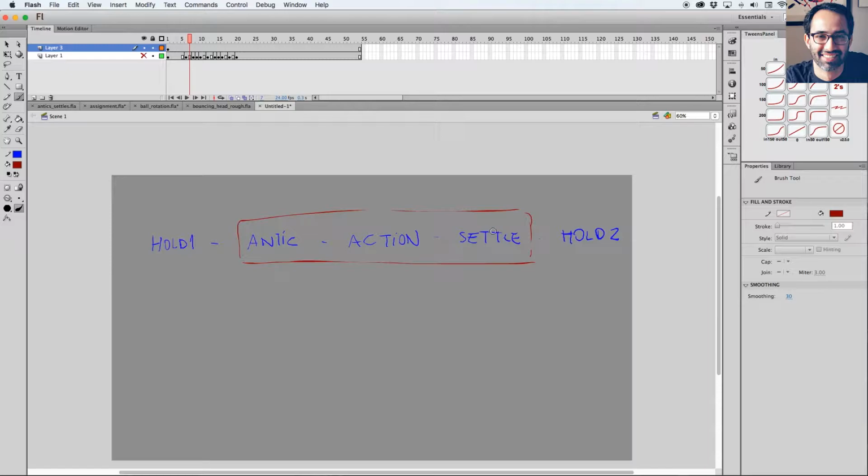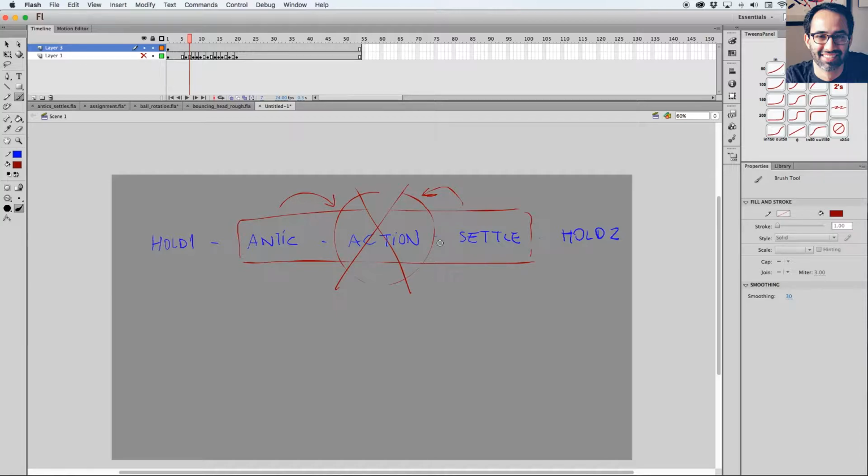And anticipation and settle are so important to define the action. They work towards that. And those two are so important that, if well done, you basically don't need the action. It's kind of funny, because when you think about animation, you think about the action, what's happening.